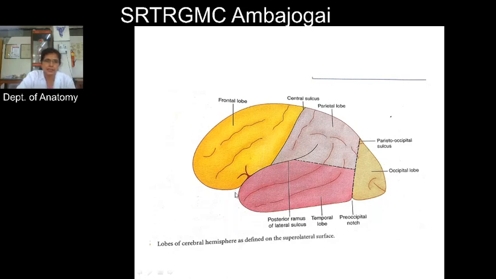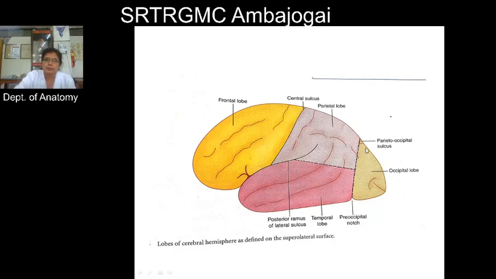Then that sulcus runs laterally and comes onto the superolateral surface, and here it divides into 3 rami or branches, named the anterior horizontal, the anterior ascending, and the largest branch, the posterior ramus of the lateral sulcus. This posterior ramus runs backwards on the superolateral surface, and its posterior end is upturned. So these 2 sulci are the central sulcus and the posterior ramus of the lateral sulcus.